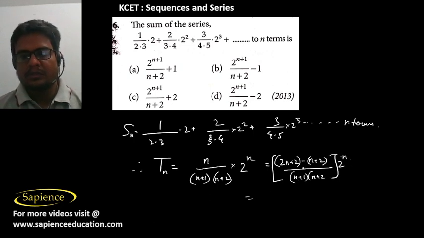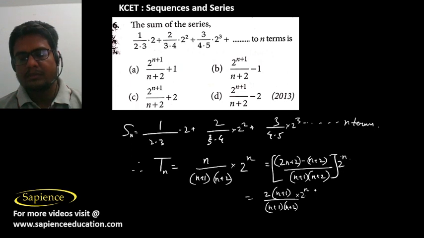Okay. So this we can write it as 2 into (n plus 1) by (n plus 1) into (n plus 2) into 2 power n, minus (n plus 2) by (n plus 1) into (n plus 2) into 2 power n.